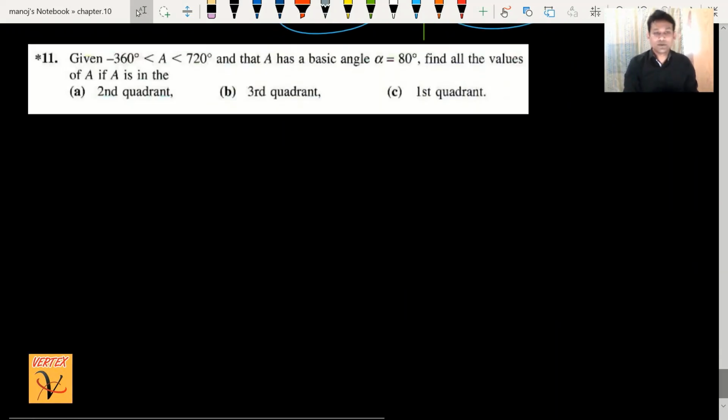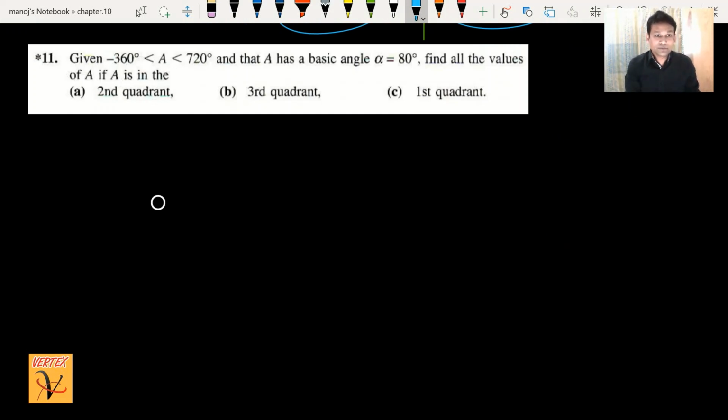Okay, let's see what's going on in question number 11, the star question, and what we can do. Given minus 360 degrees and 720 degrees, it means I have to divide this into 2 parts, positive rotation and negative rotation. From 0 degrees to 720 degrees means you have 2 rotations, anti-clockwise, positive.